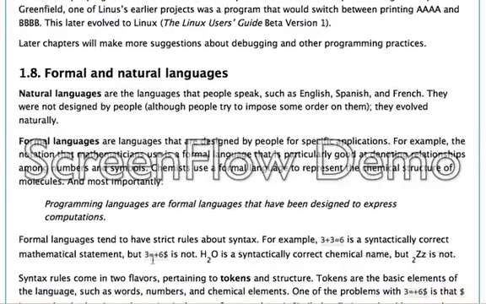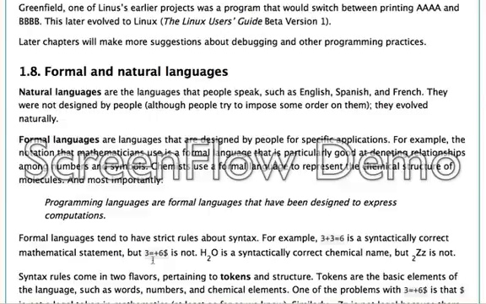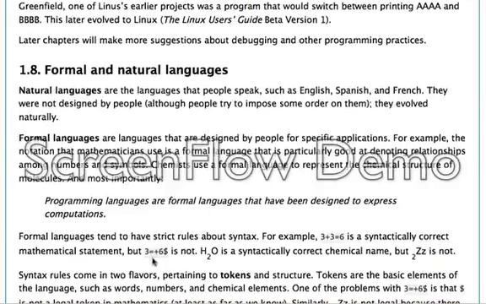Formal languages tend to have strict rules about syntax. For example, 3+3=6 is a syntactically correct mathematical statement, but 3=+6$ is not. H₂O is a syntactically correct chemical name, but ₂Zz is not.